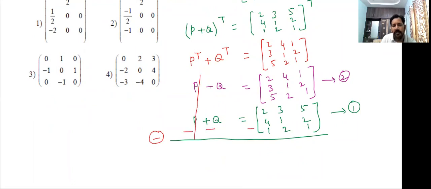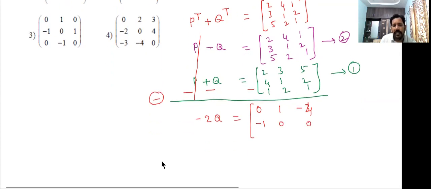These two cancel or not? Minus Q minus Q, that is minus 2Q, equal to. Now the corresponding elements can be subtracted. 2 minus 2, 0. 4 minus 3, 1. 4 minus 3, 1. 1 minus 5, sorry, minus 4. Okay. Next, 3 minus 4, minus 1. 1 minus 1, 0. 2 minus 2, 0.